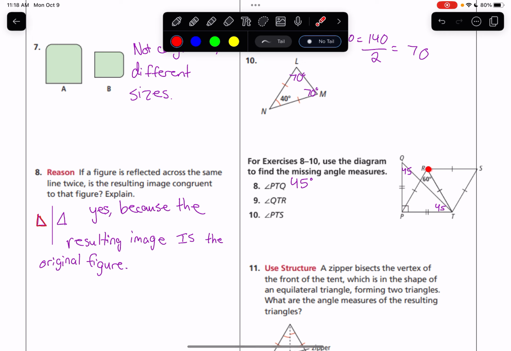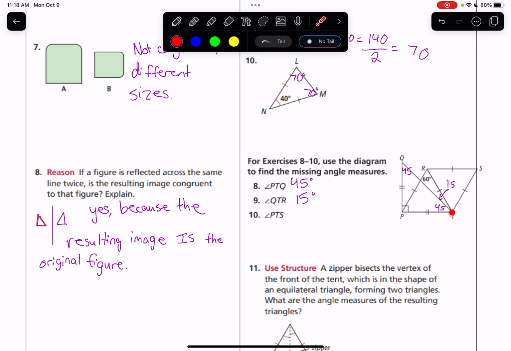So if I do 180 minus 60, I get 120. Divide that in half, I get 60 and 60. So PRT is also an equilateral triangle. If angle RTP is 60, I can do 60 minus 45 and get 15 degrees for angle QTR.